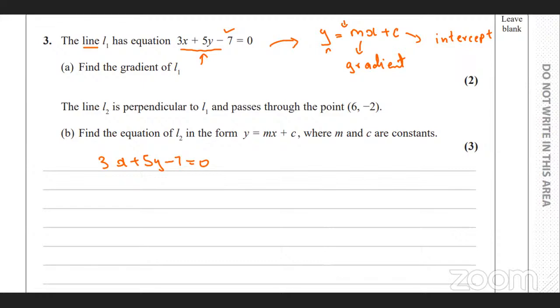So I will have 5y equals minus 3x plus 7. I've taken this 3x and minus 7 to the right side, and y equals minus 3 by 5 x plus 7 by 5. I have divided both of these by 5. Now we need to understand one thing.